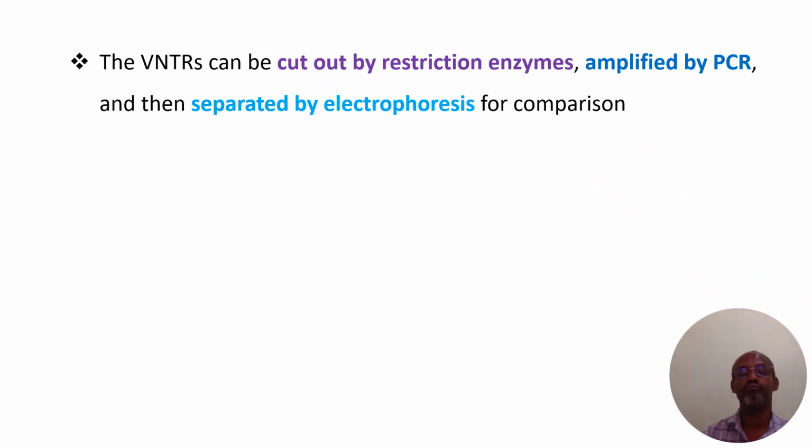You take sample cells, you take DNA, and from the DNA, you use restriction enzymes and separate those short tandem repeats. If the separated short tandem repeats are not enough in amount to run your gel electrophoresis, you multiply them.